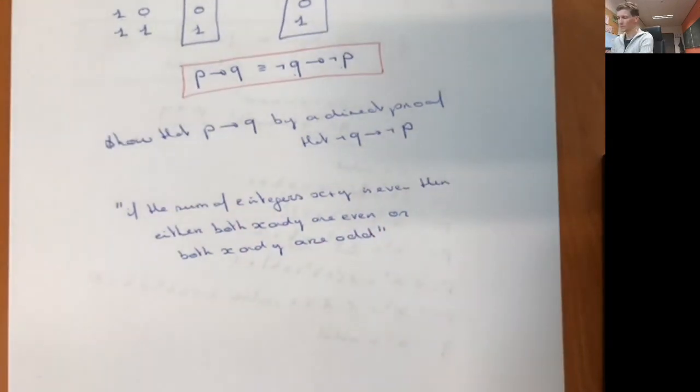So if you have two numbers x and y, if the sum is even, then they either are both even or they are both odd, but it's impossible that one is even and the other one is odd.